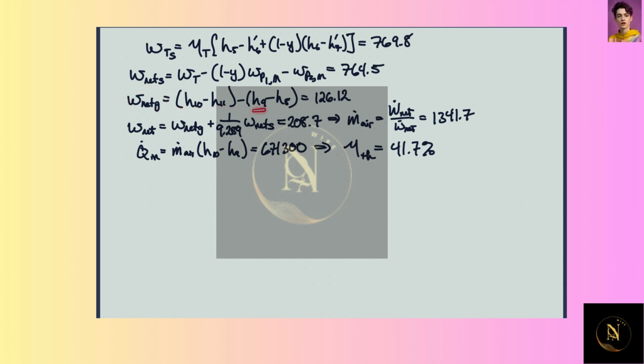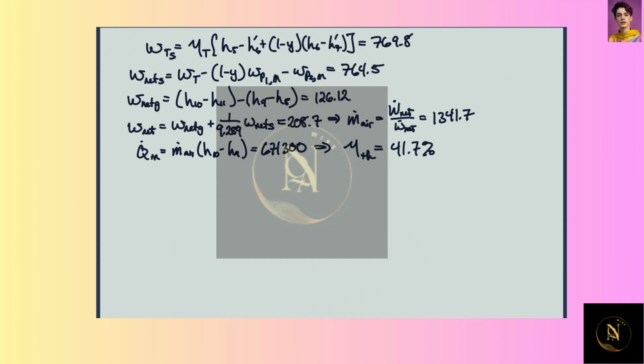We can look at the net work in the gas cycle, which is the work in the turbine minus the work in the compressor. And then the total net work, so this is the specific work per kilogram of air, and this is specific work per kilogram of steam.